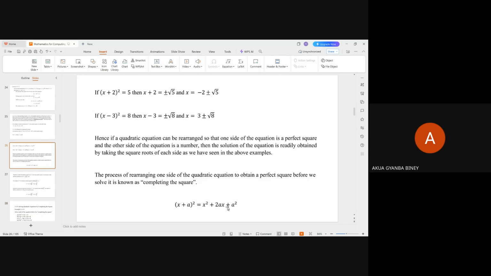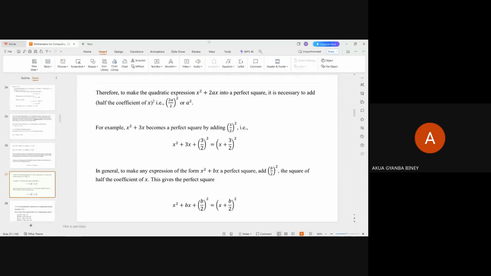So we have this example: x plus a all squared is equal to x squared plus 2ax plus a squared. Therefore, to make the quadratic expression x squared plus 2ax into a perfect square, it is necessary to add half of the coefficient of x, all squared, what we have been doing. So 2a over 2 all squared, or finally we get a squared.